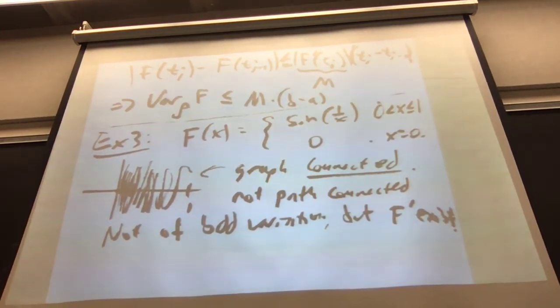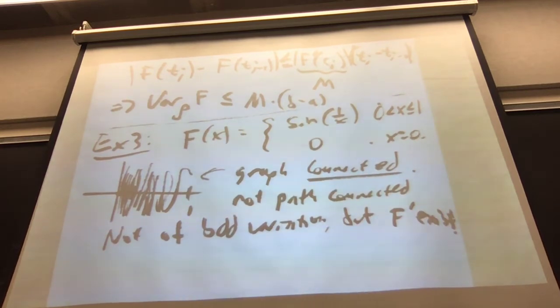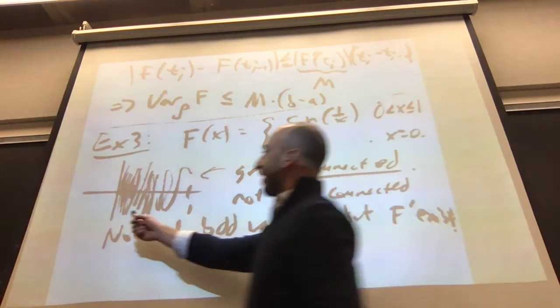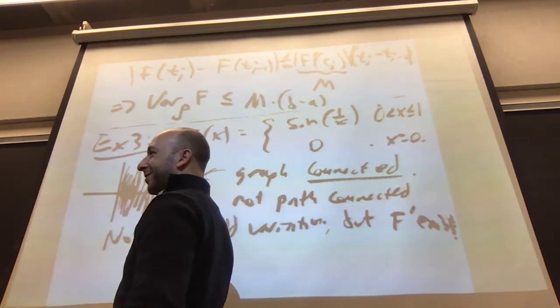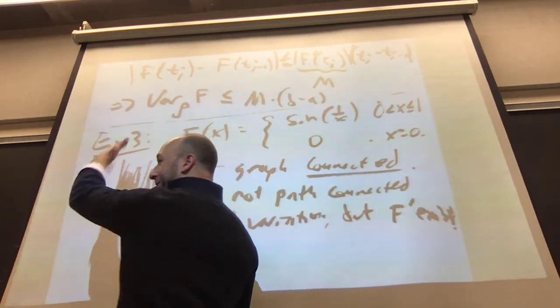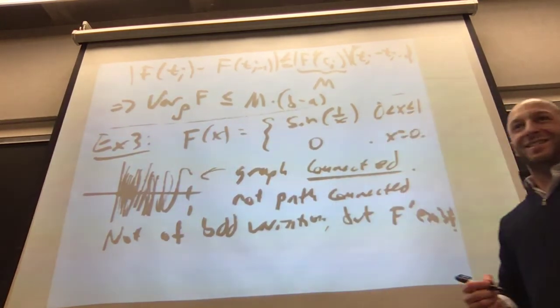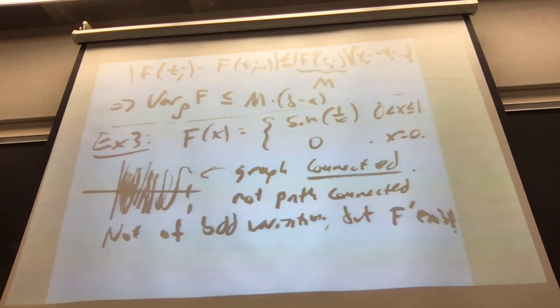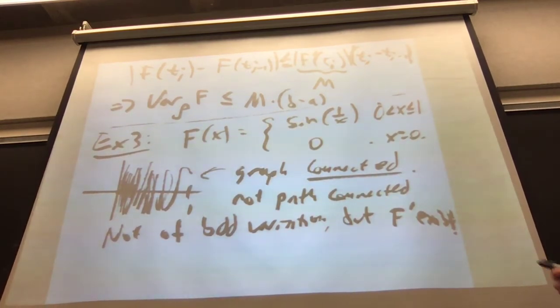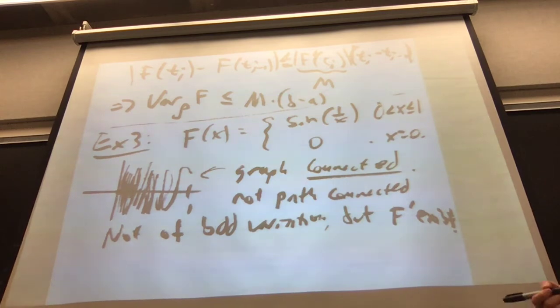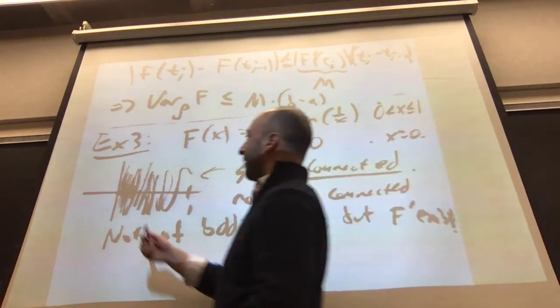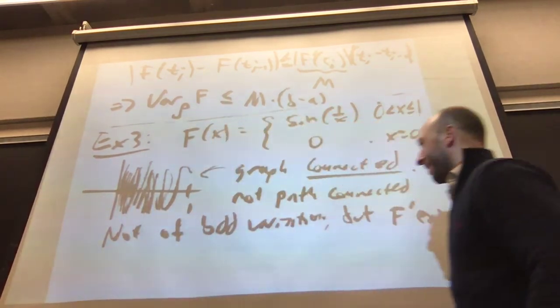You can keep adding points to the vertical segment, the entire minus 1, 1 interval. Just put any subset there, your favorite Cantor set. Any set in minus 1, 1, and it will be connected.